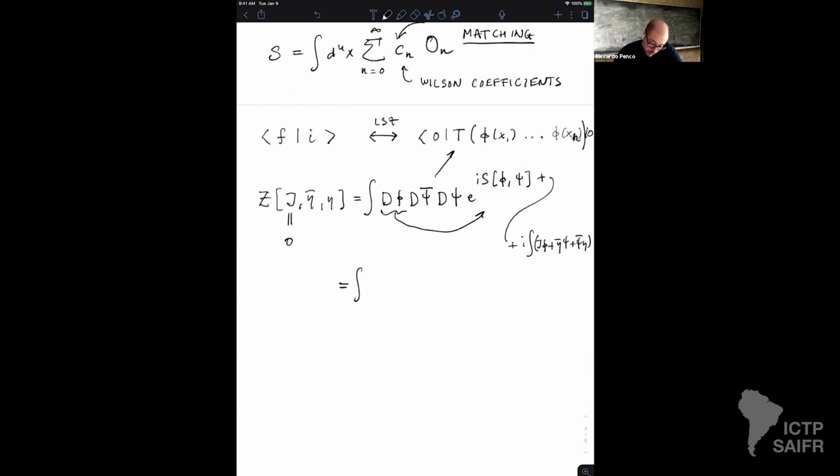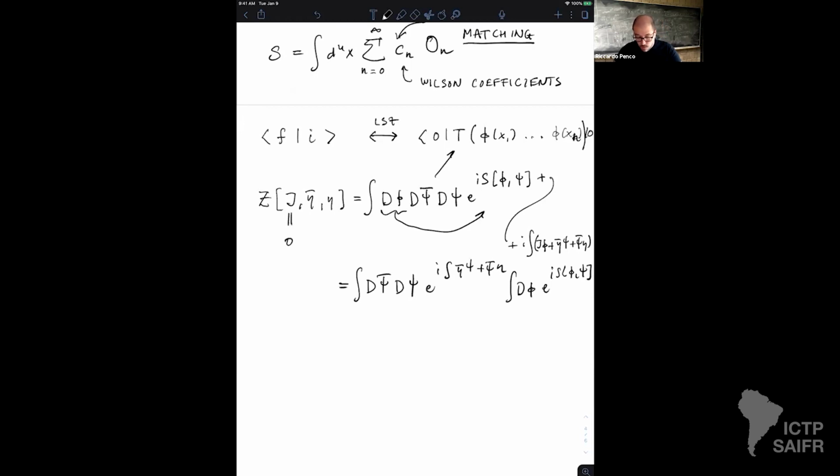So you can rewrite your path integral as e to the i integral of eta bar psi plus psi bar eta times the integral d phi of e to the i S of phi and psi.